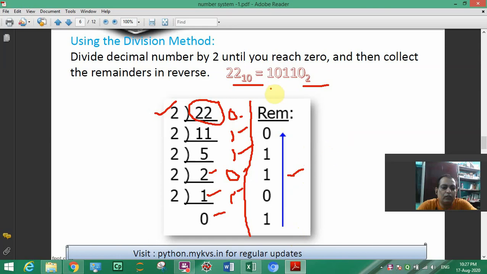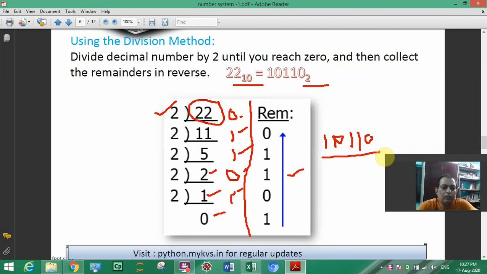So what will be the answer? At the bottom you can see 1, then 0, then 1, then 1, then 0. This is the final binary number, the equivalent binary number of 22.